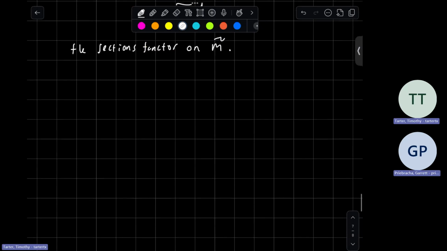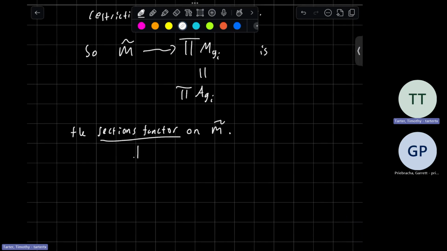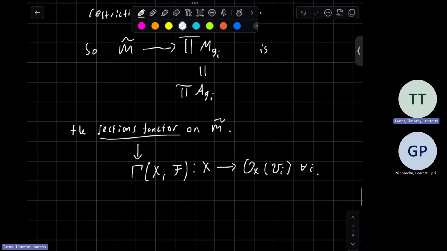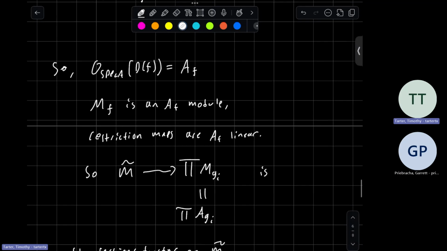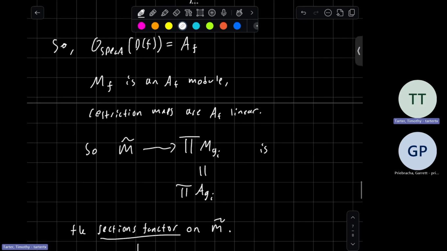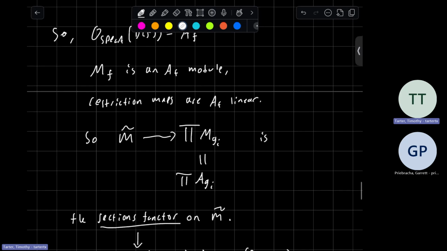So another way of picturing this is like with the global sections functor, this is what we called gamma. We have kind of like bundles of AF modules, which bundle together to be a larger module. Right.